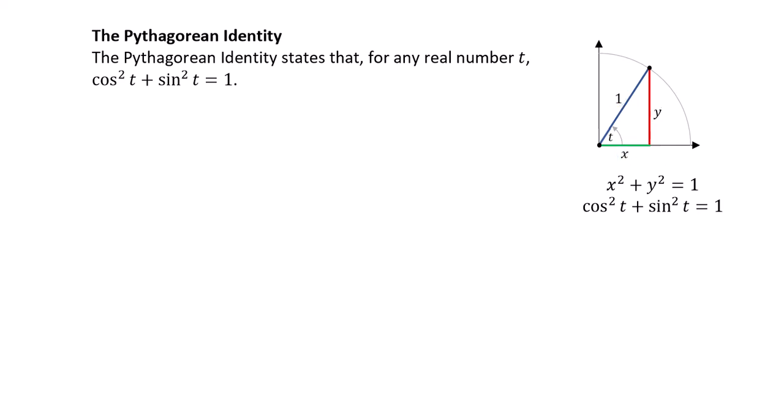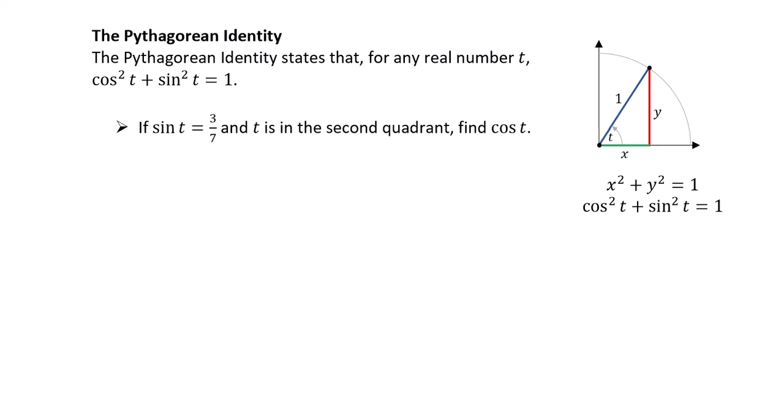So the Pythagorean identity in trigonometry is similar, except for x, we are replacing that with the cosine of t. Instead of x squared, we'll have cosine squared of t. And likewise with y squared, it is replaced with sine squared of t. And since we're on the unit circle, the hypotenuse is 1 and 1 squared is 1.